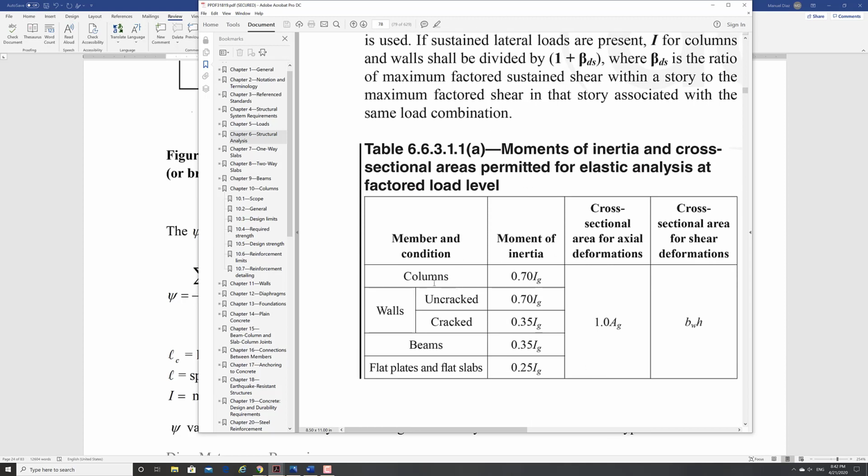And this is what they say: a column moment of inertia should be 70% of the gross value.